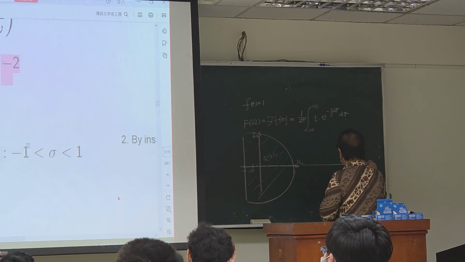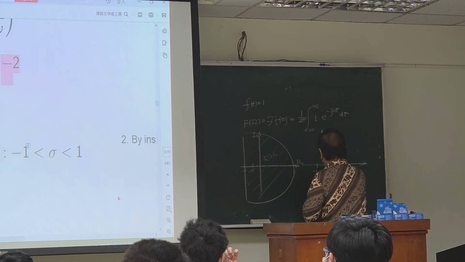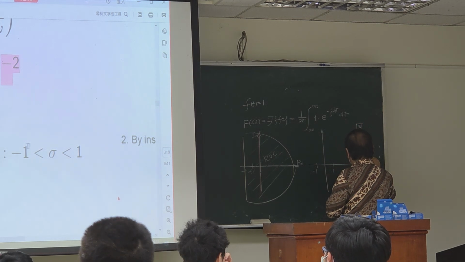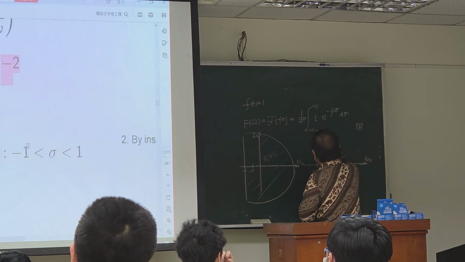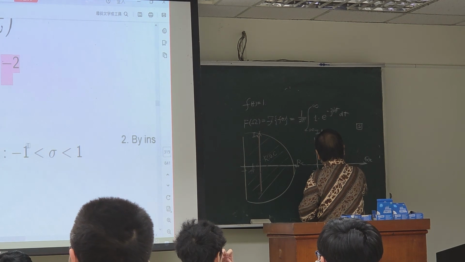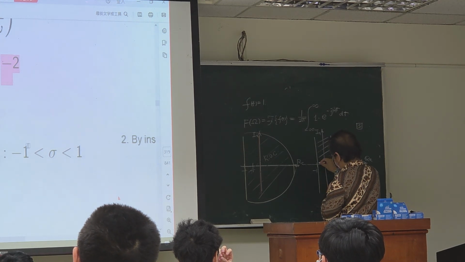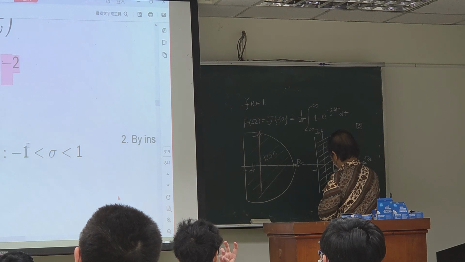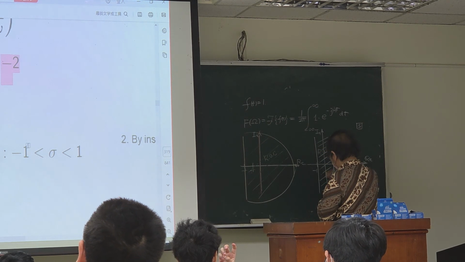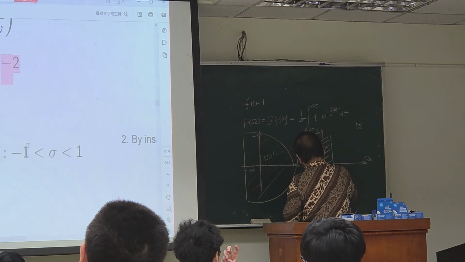So in this case, negative 1 and 1, this strip is the region of convergence, obviously.